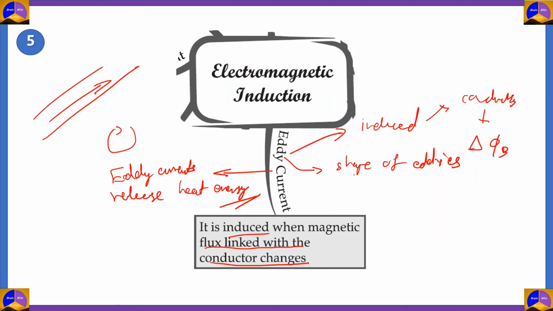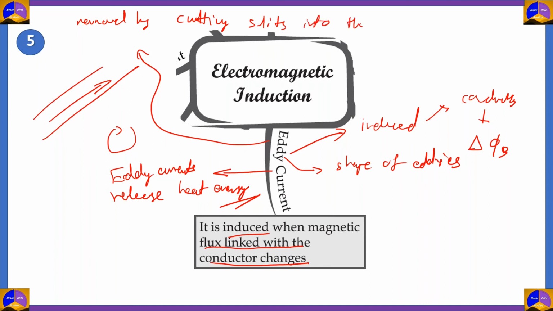But when it comes to other aspects such as AC generators, then the presence of eddy currents will not be very useful. So eddy currents are usually removed by cutting slits into the plain conductor.